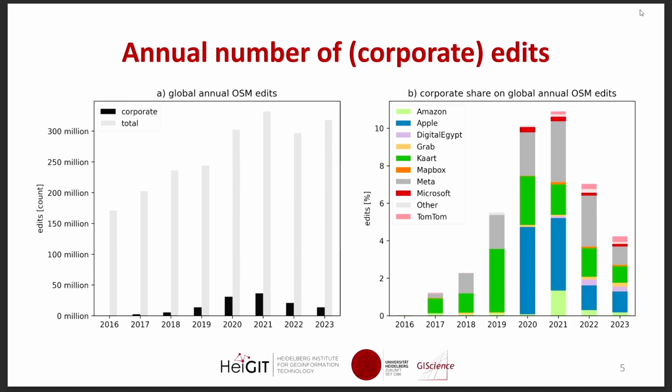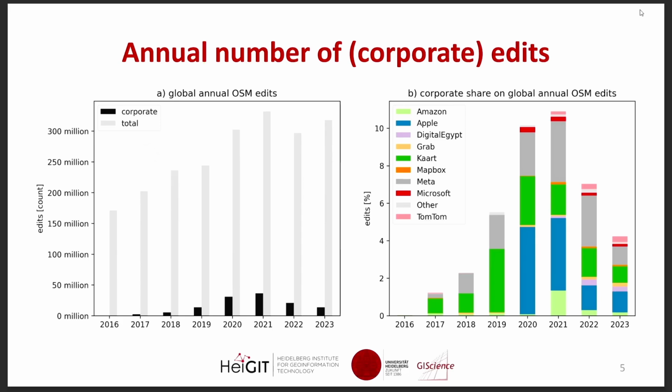And now we set this in comparison with how much corporate mapping happened, and you see that's also what maybe we expected. Corporate mapping increased from 2016, where it was basically non-existing, to 2021, where there was a peak. And maybe interestingly, what we realized is that since then, it decreased, and it decreased quite rapidly, and that was something we did not expect.